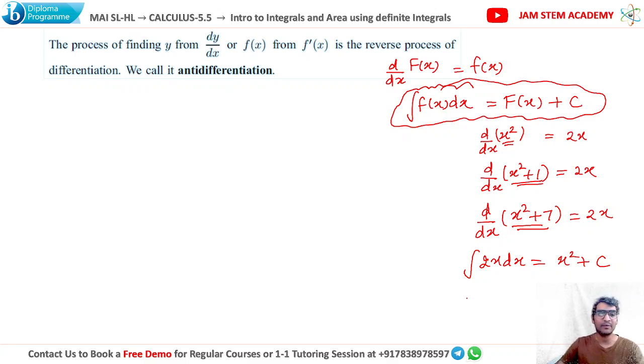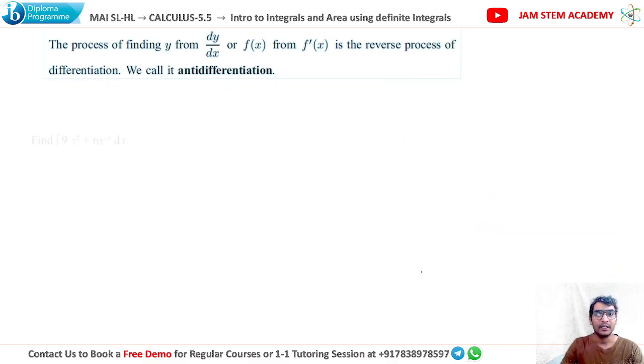Okay, so we are going to use these things. Now, let's solve some problems and see how we can integrate a function. Starting with this: 9x squared plus 6x raised to the power negative 3. So first of all, for functions of type integration of x raised to the power n dx, you have to think of a function whose derivative is known to you.